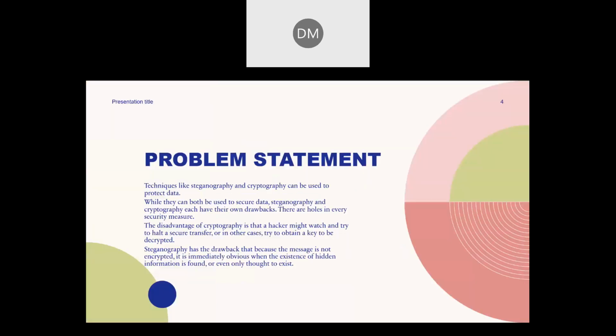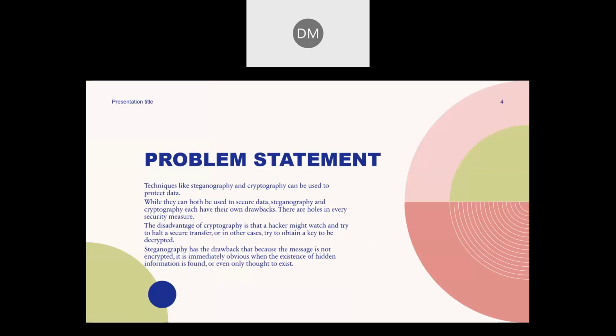Coming to the problem statement, to provide security for such information exchange, we have techniques called steganography and cryptography.